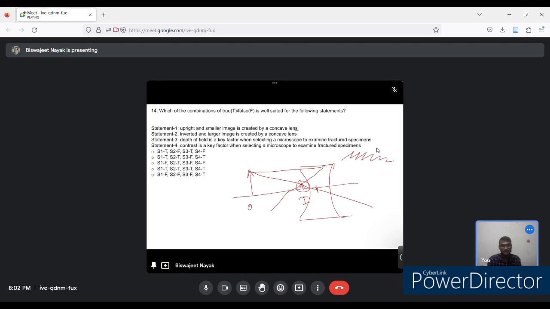So this is a key parameter for fracture specimens. Contrast is a key factor when selecting a microscope to examine the fracture. No, because it is very difficult to get a good contrast for a fracture specimen with a lot of ups and downs. So the answer is first one true, second one false, third one true, fourth one false.